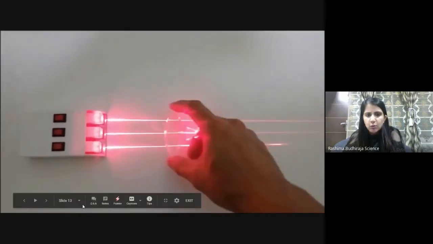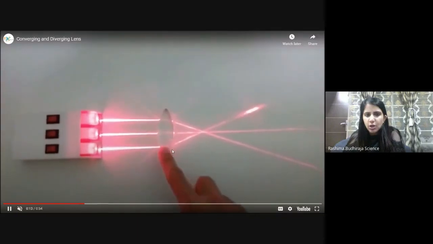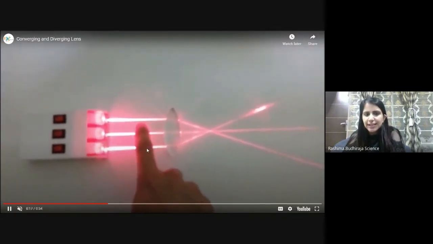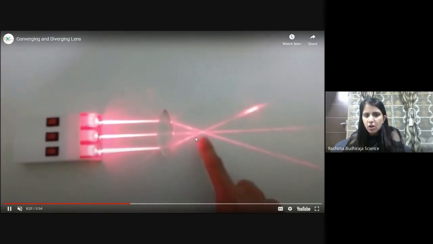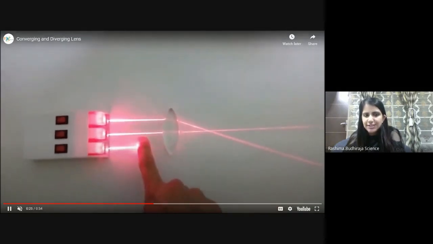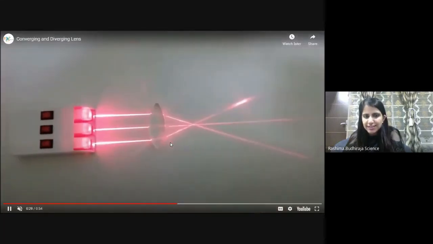When convex lens is placed in its path, we see refraction occurs in such a manner that the incident parallel rays of light are converging or meeting at a point after refraction through this lens. Hence, convex lens is a converging lens.